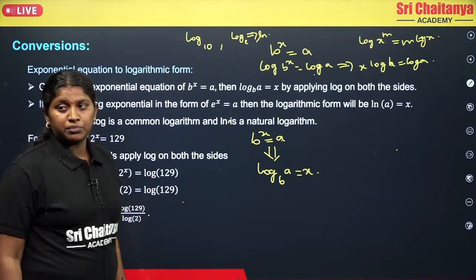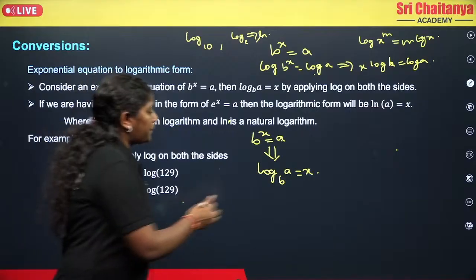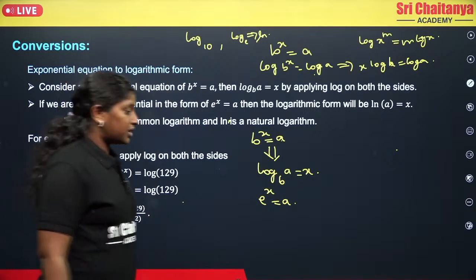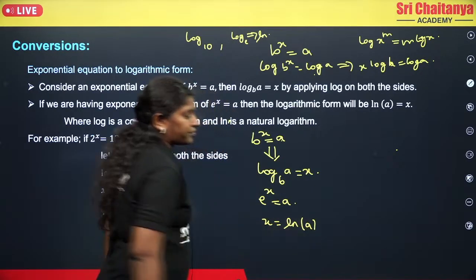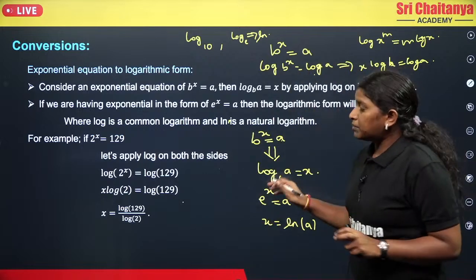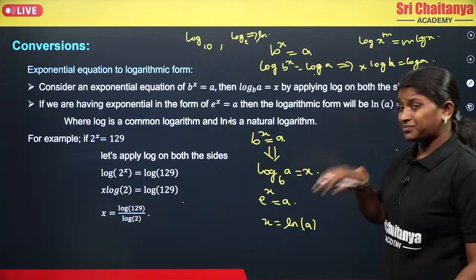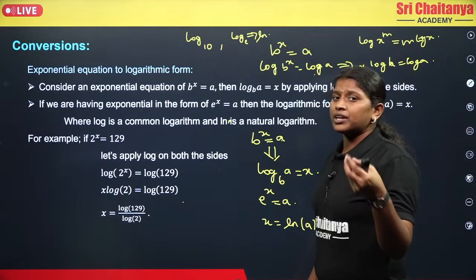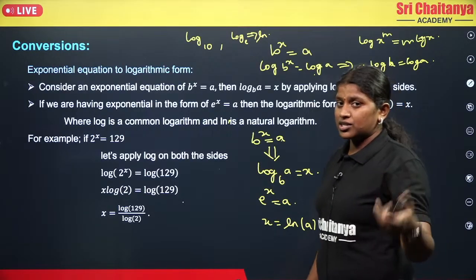So if you have e to the power x equals a, then it will become x equals ln of a. Okay, why? Because we have the base as e, so for the base e, we take our ln. If you have base 10, we take our common logarithm, but if you have the base e, we take our natural logarithm.